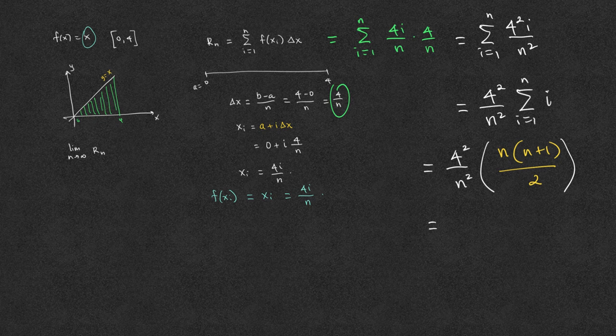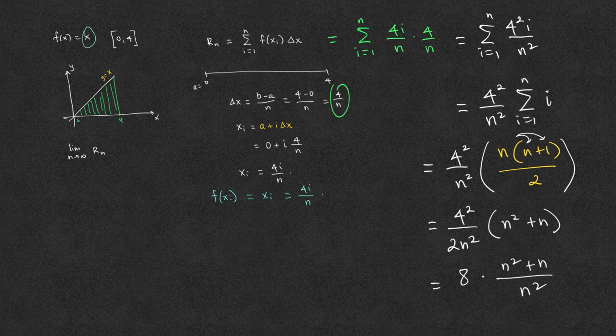We then simplify this. This is 4 squared over 2n squared times. We distribute n to end up with n squared plus n inside the parentheses. This is 16 over 2, which is 8, times n squared plus n over n squared.